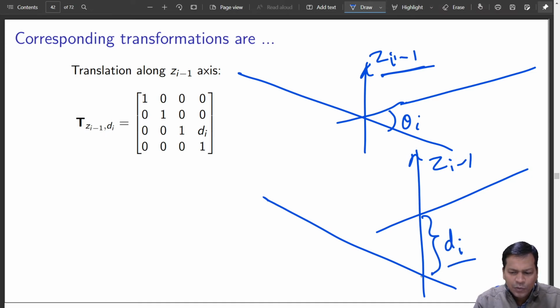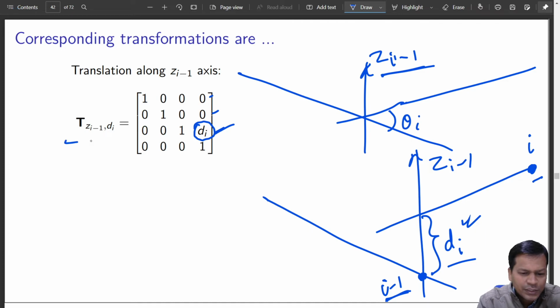If you want to reach from the i minus 1th frame attached here to the ith frame attached here, what all transformations are required? The first transformation is translation along the z axis by a distance di. This is the first transformation. Okay, translation along zi minus 1 by a distance di first.